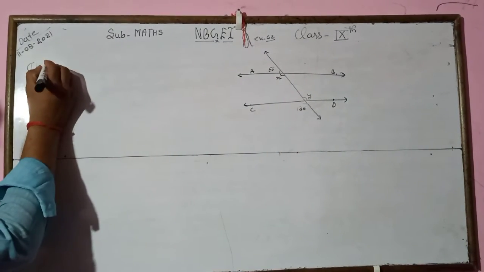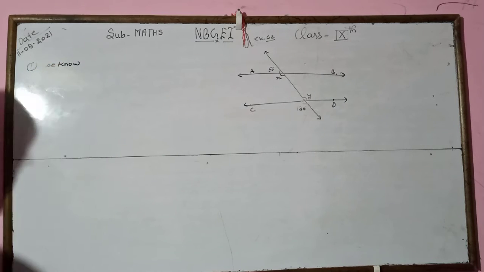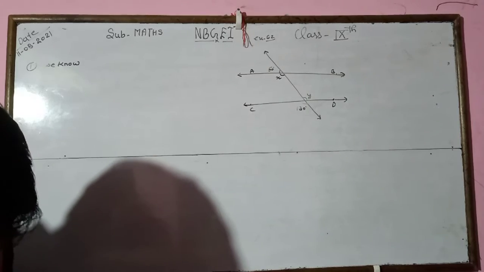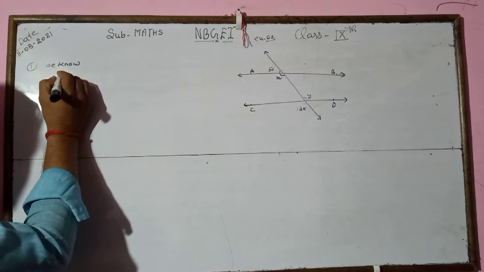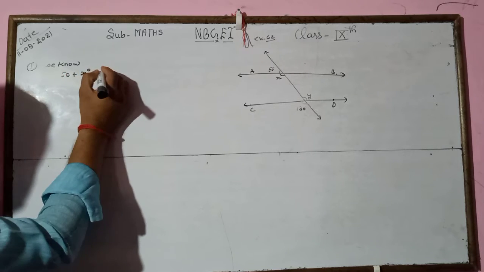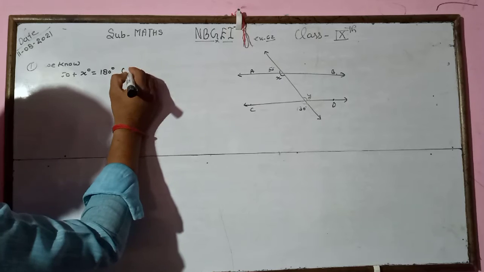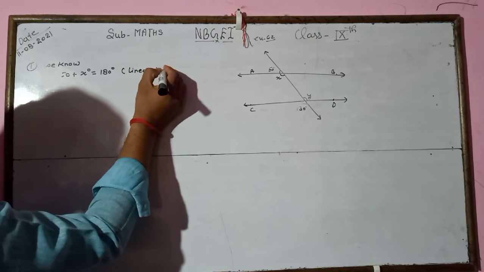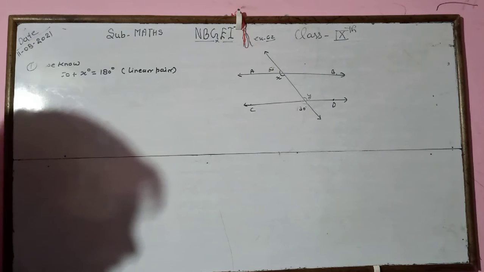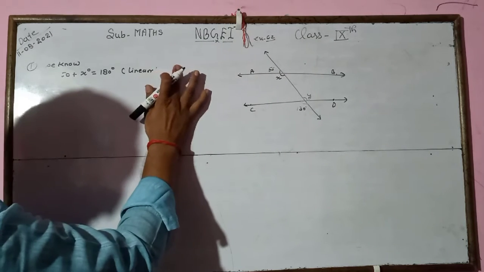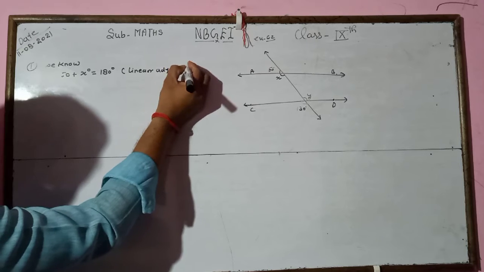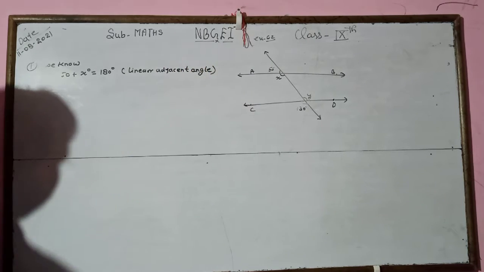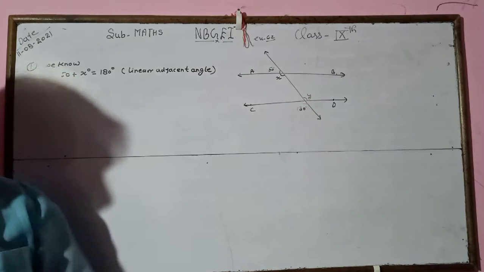We know that 50 plus x degrees is equal to 180 degrees, because of the linear pair of adjacent angles.